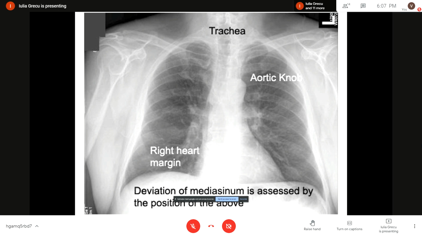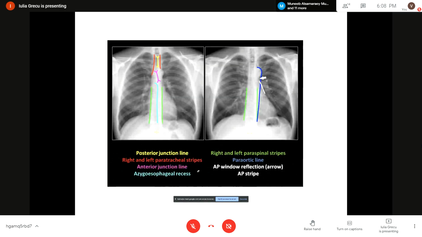So pay attention to the normal position of the trachea, the aortic arch or knob, and the correct position of the heart.